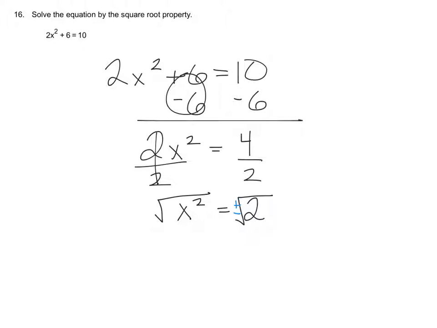So the square root of x squared is just x, and the square root of 2 is really plus or minus square root 2. So my answer is x equals positive square root 2 and negative square root 2.